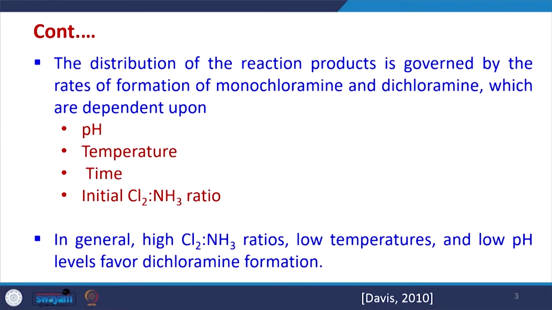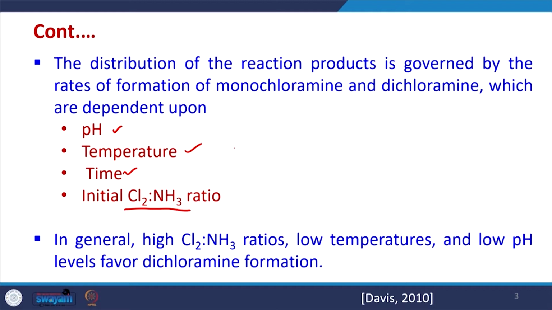Now, the distribution of the reaction products, that is whether mono, di or trichloramine will be formed, is dependent upon the pH, temperature, time for which the reaction is available, and the ratio of Cl2 to NH3. This ratio is one of the very important parameters along with the pH, because temperature is in the usual range in which operation is being done, and generally time is also sufficient.